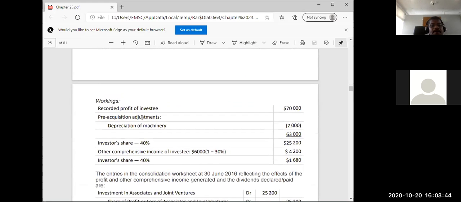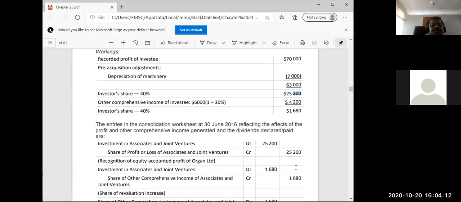Here, other comprehensive income investee 6,000, times 1 minus 30%, that is the tax story, and 4,200. So altogether, from that you take 40% here, and from this 63,000 you take 40%.